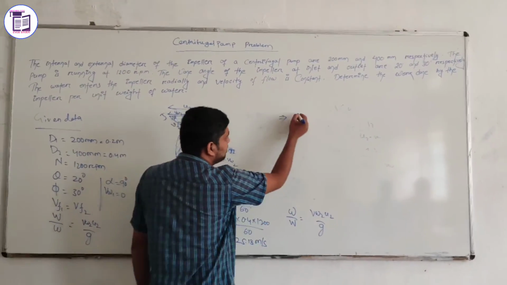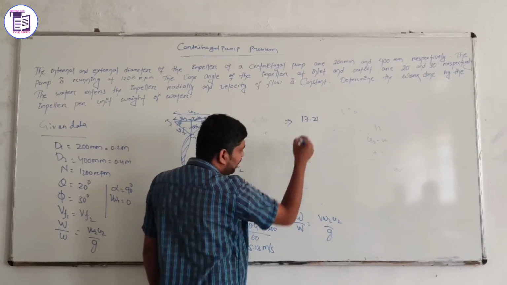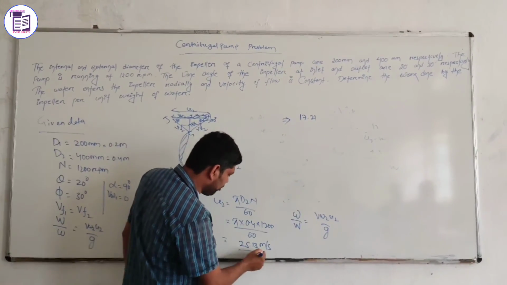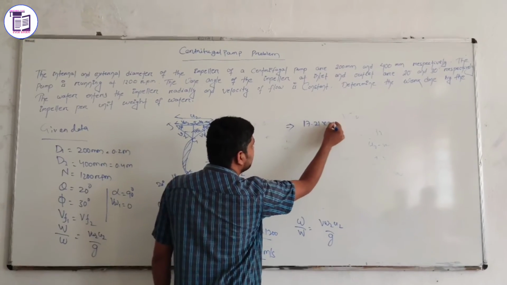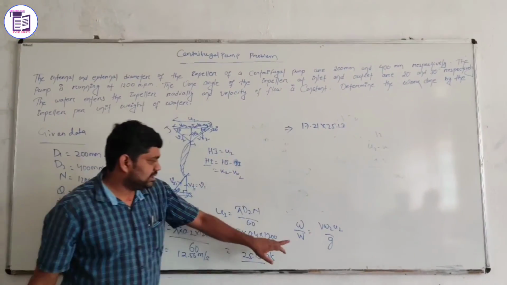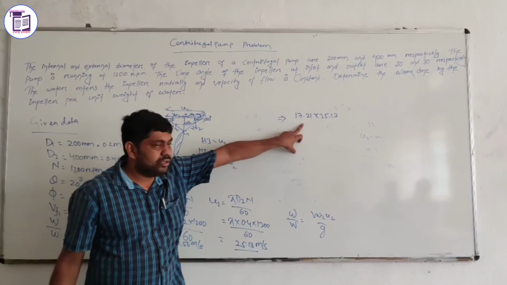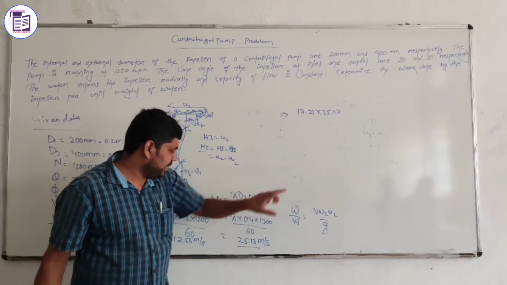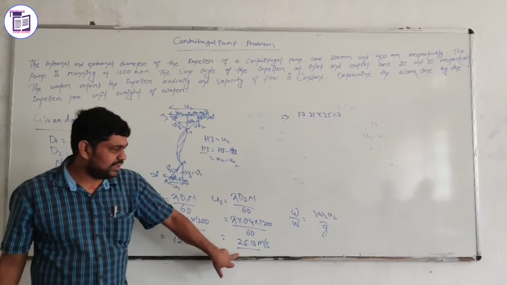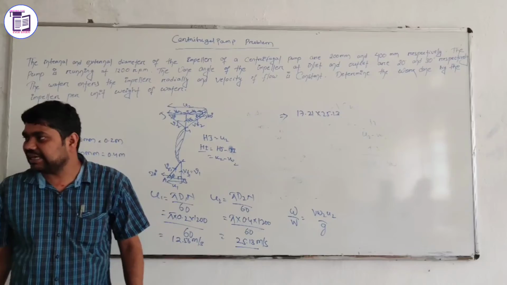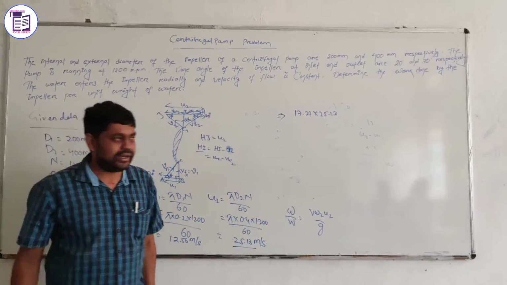Bw2 is 17.21 and U2 is 25.13, and g is your gravitational acceleration, that is 9.81.